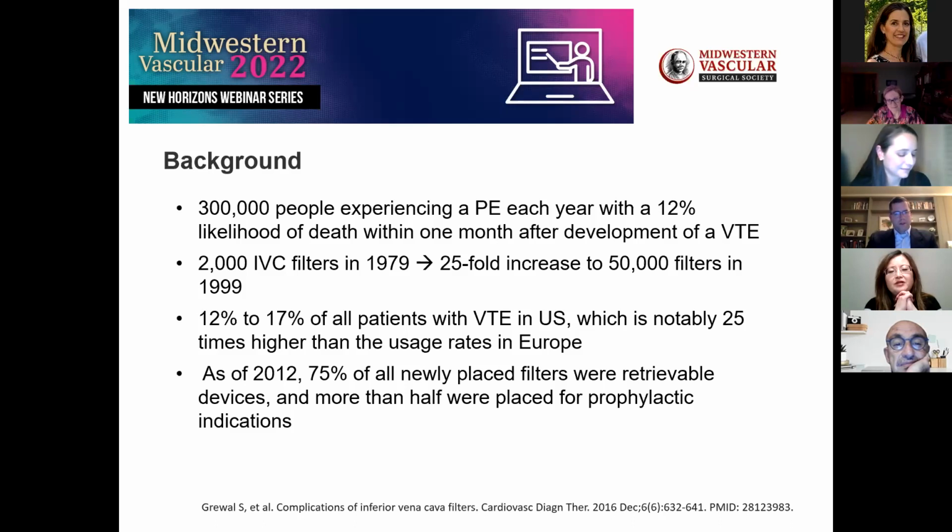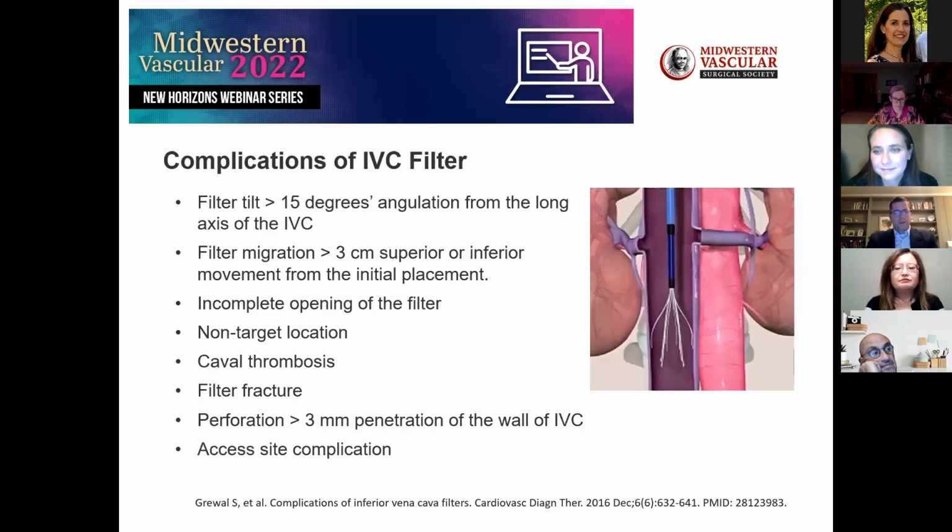And then even in 2012, most of these filters placed were retrievable and more than half were placed for prophylaxis. So there's been really an explosion, about 250,000 filters are placed each year. So this is a big issue, I guess, in terms of incidence.